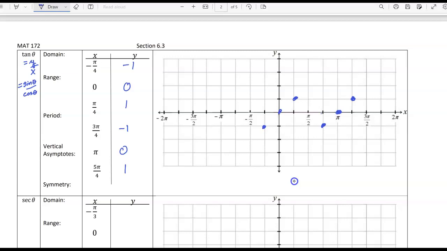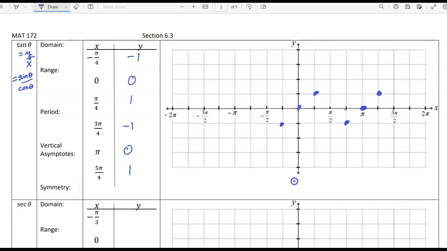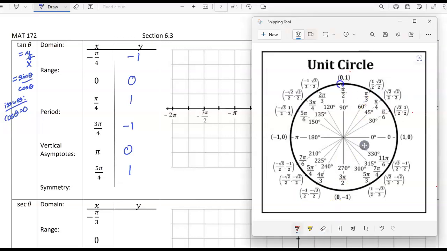Because if it's a vertical asymptote, it has to be a domain restriction. We need to know where the issues are. The issues happen where that denominator is equal to 0. So we need to know, where is the cosine of theta equal to 0? If we look at our unit circle, that's happening here at pi over 2, and it's happening here at 3 pi over 2.